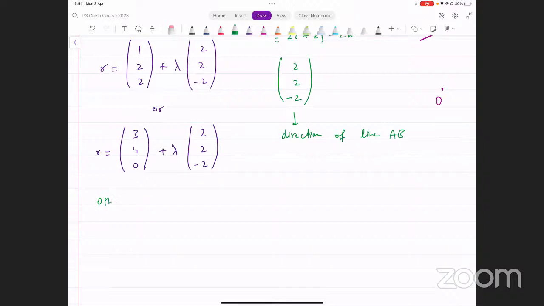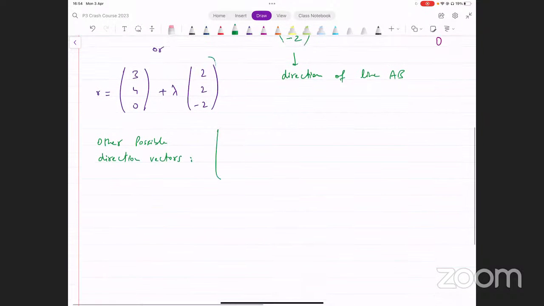So for instance, other possible direction vectors in this case could be, instead of 2, 2, minus 2, we could say 1, 1, minus 1, right? That's the same pattern between the components.